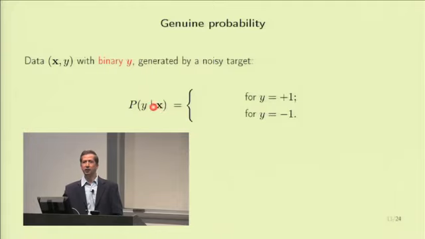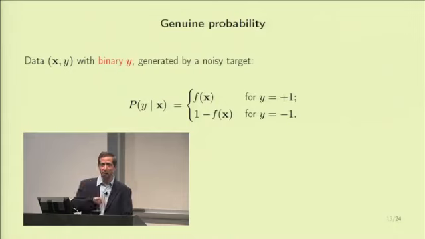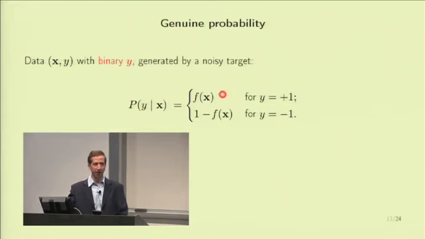And this is generated by the target that I want to learn. So I'm going to call the probability the target function itself. So the probability that someone gets a heart attack is f of x, and the probability that they don't, it's a binary thing, has to be 1 minus f of x. And I'm trying to learn f, notwithstanding the fact that the examples I am getting are giving me just sample values of y that happen to be generated by f.